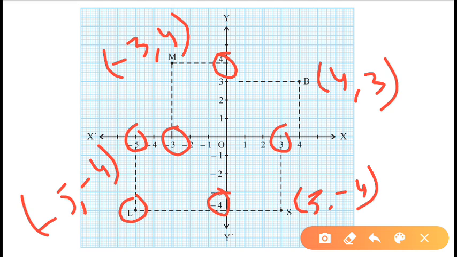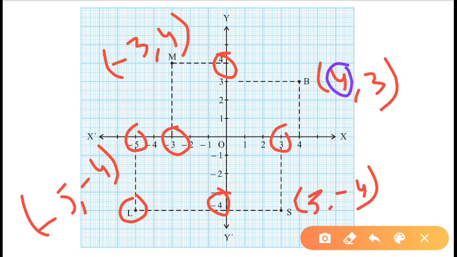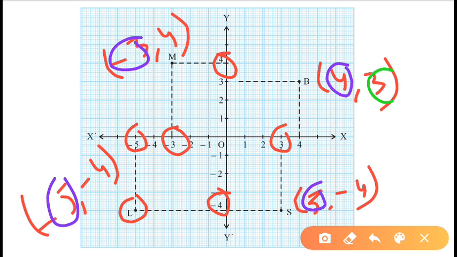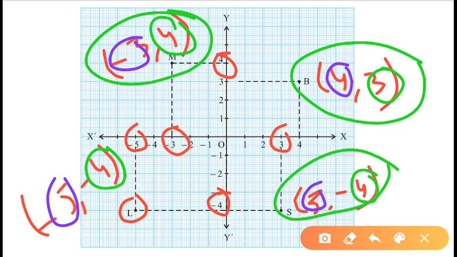So in this way you can say these are the abscissas. And the ordinates are: this is the ordinate of B, this is the ordinate of S, this is the ordinate of L, and this is the ordinate of M. And this is completely known as the coordinate.